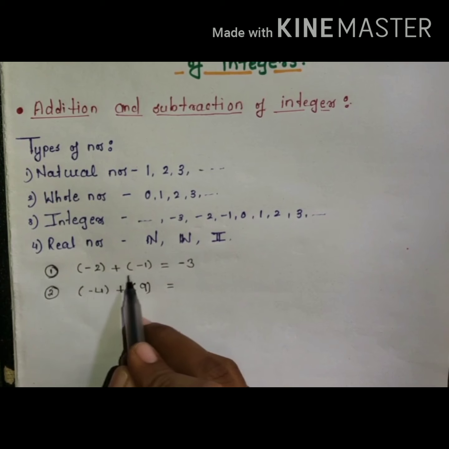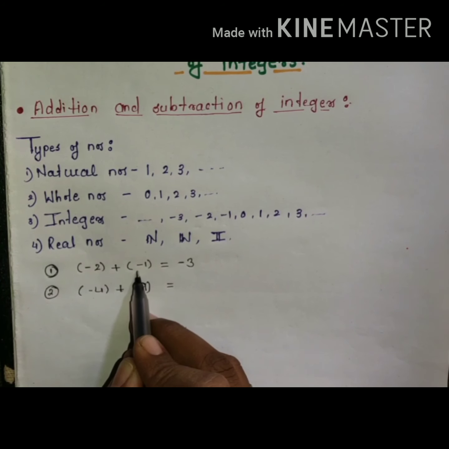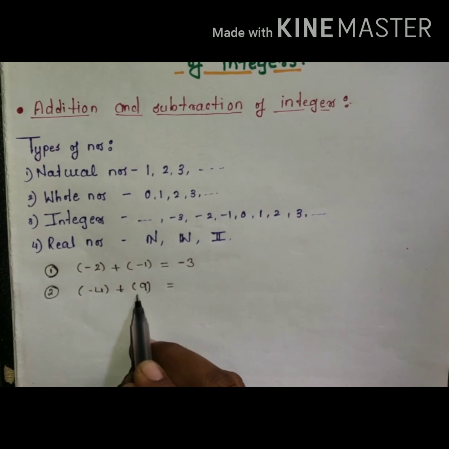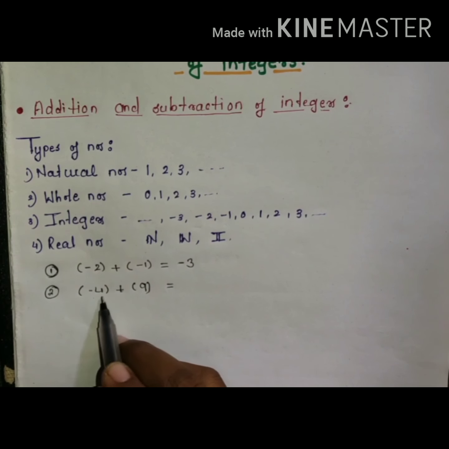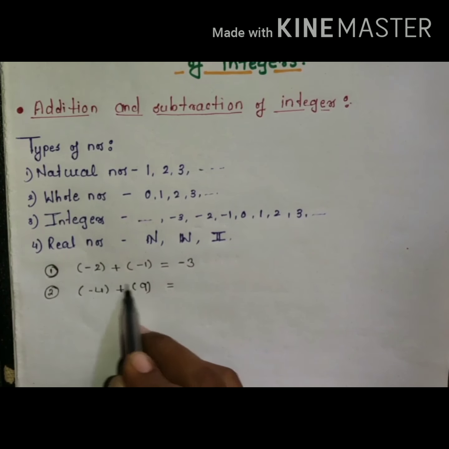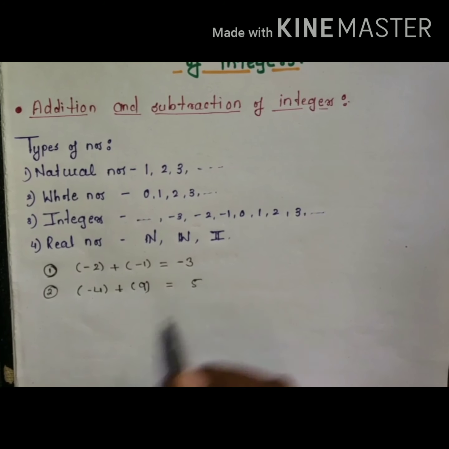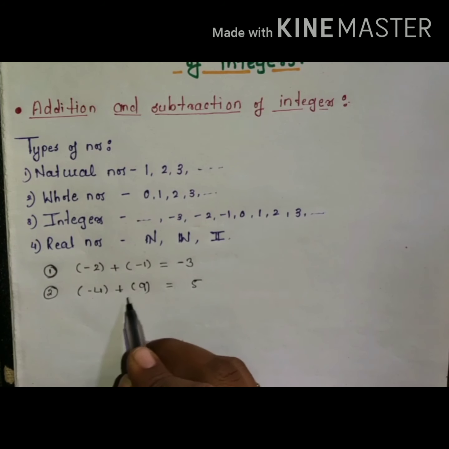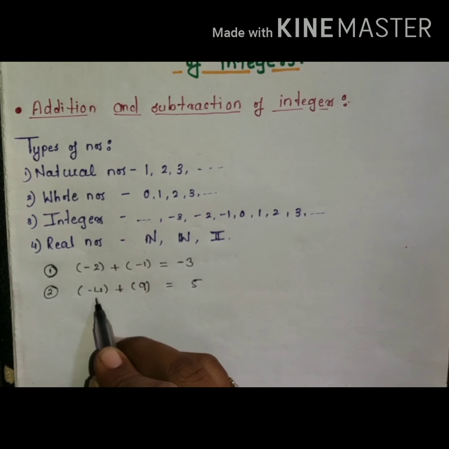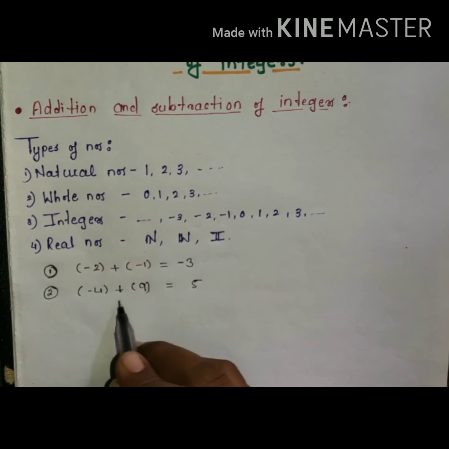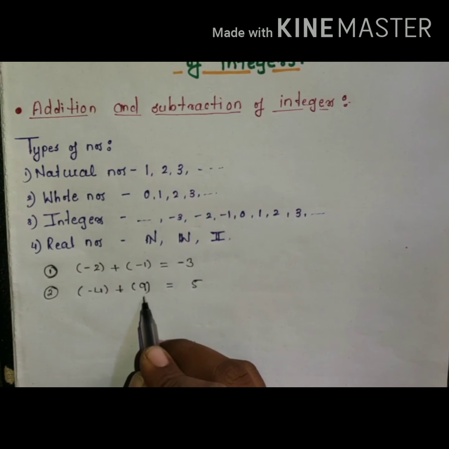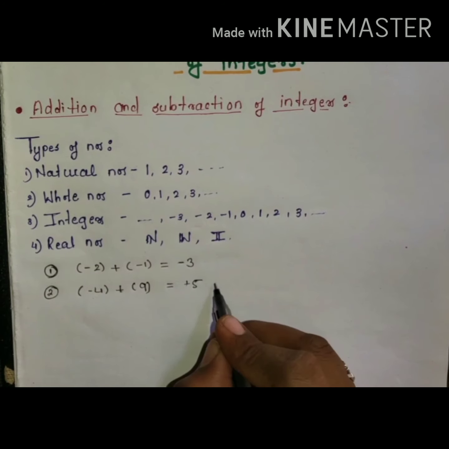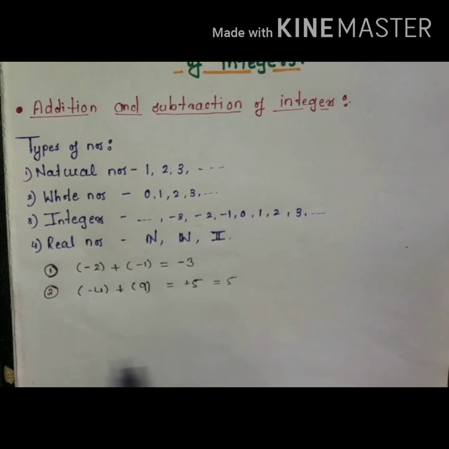If both the numbers have the same sign, then we have to do the addition, and if both have different signs, then we have to subtract. Then 9 minus 4 is 5. Now the sign will be the sign of the bigger number. Between 4 and 9, 9 is the bigger number. What is the sign of 9? Plus, so it will be plus sign, or it can be written as only 5.